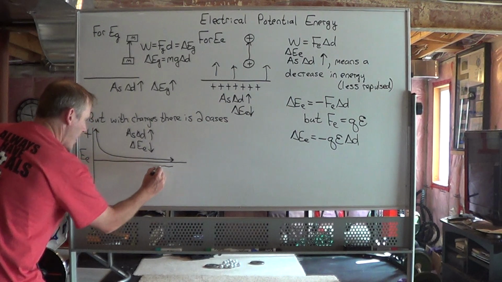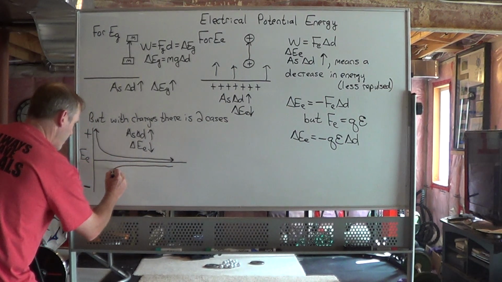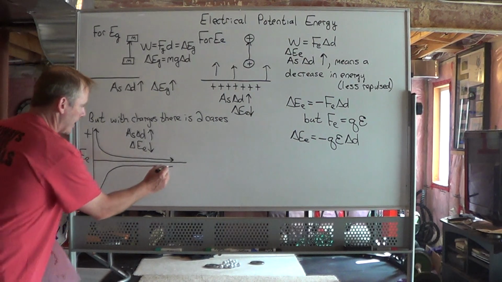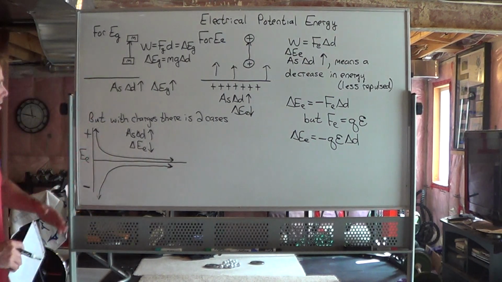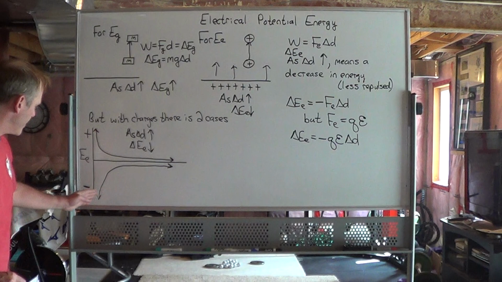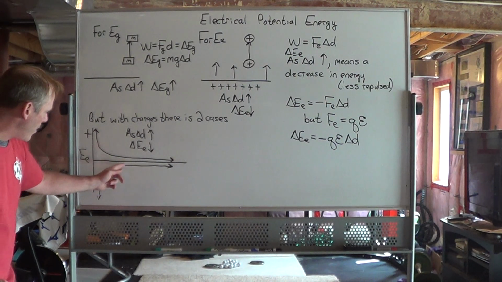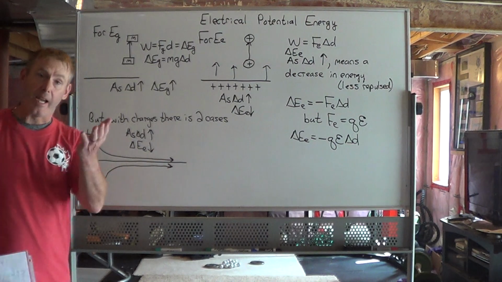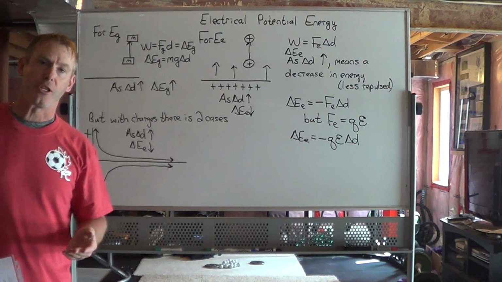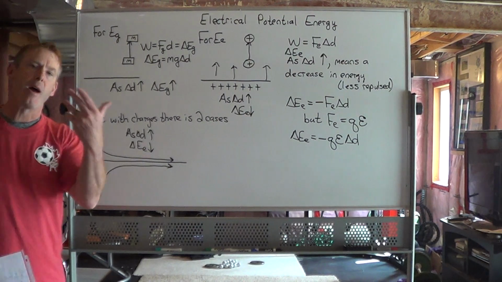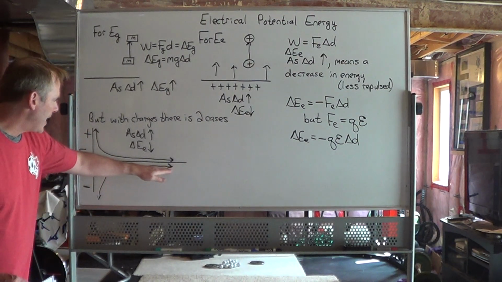To show that, I'm going to draw the graph just like this. What's happening is, as our negative charge is pulled farther away, we again increase our electric potential energy. But to show this on a graph and to make it make sense mathematically, it's going to be less negative.